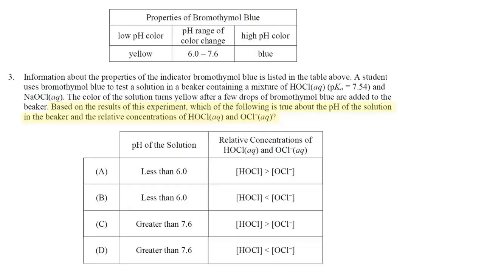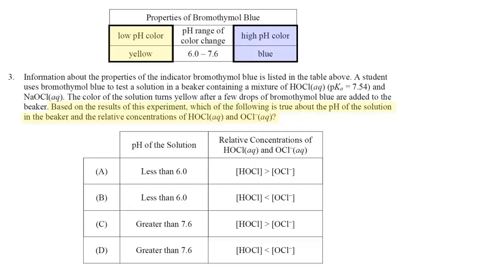Let's start with the pH of the solution first. So the low pH color of this indicator, and the pH range is between 6 and 7.6. The low pH color is yellow, and the high pH color is blue.